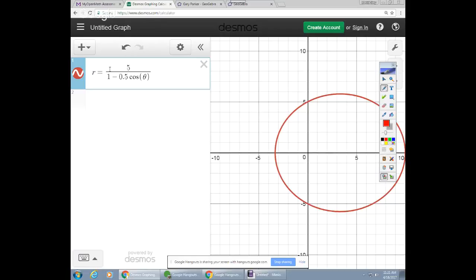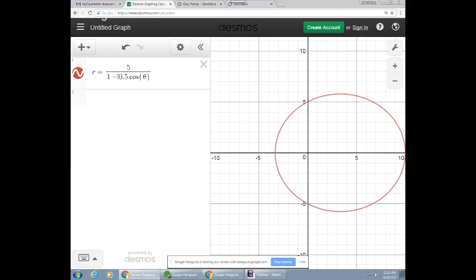We should see a horizontal ellipse because I'm using cosine. One of the foci is here at the origin, the other is over here, and the nearest directrix would be on the left side, because I picked a negative.